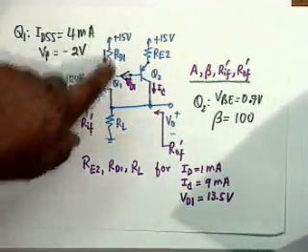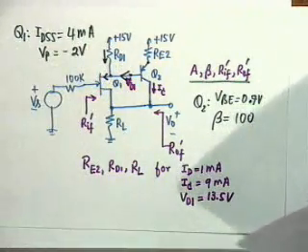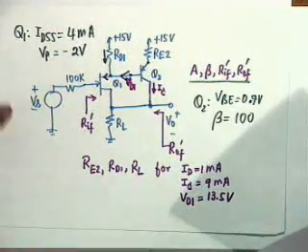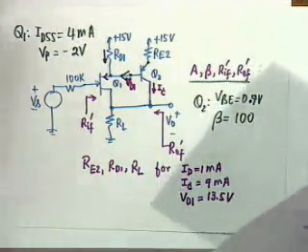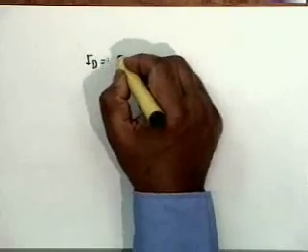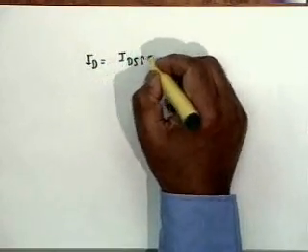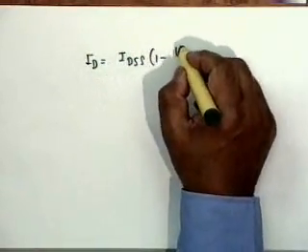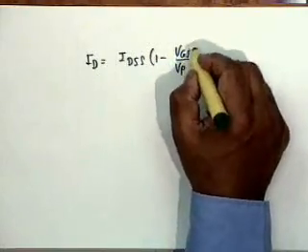Because the equation for I sub D is IDSS 1 minus VGS by VP whole squared, and VGS can be written in terms of ID. So it would be an implicit, no, it won't be. Let's see. Our I sub D is IDSS 1 minus VGS by VP whole squared.